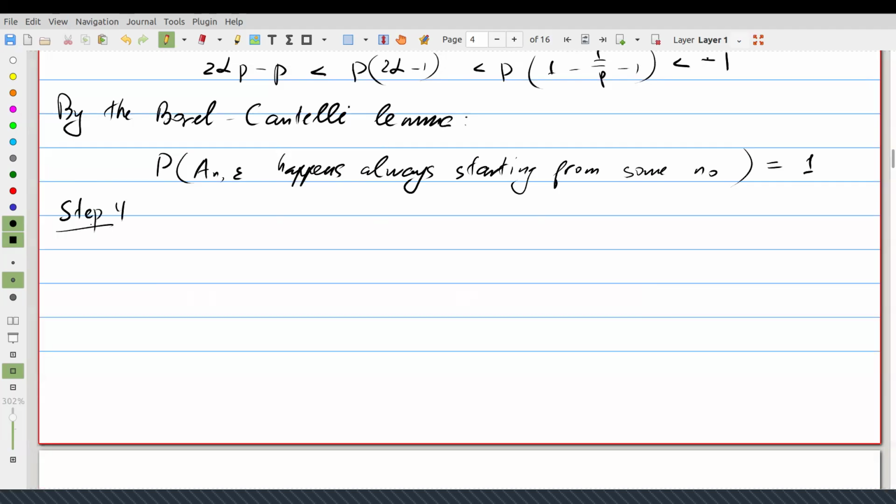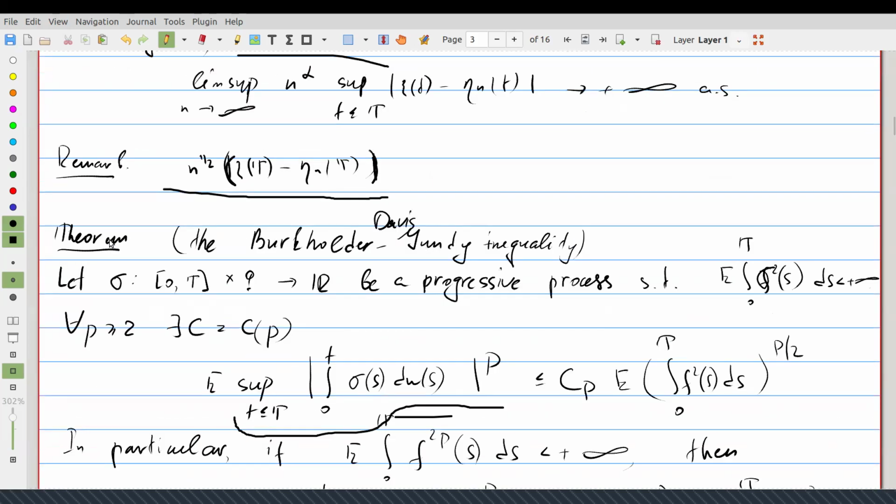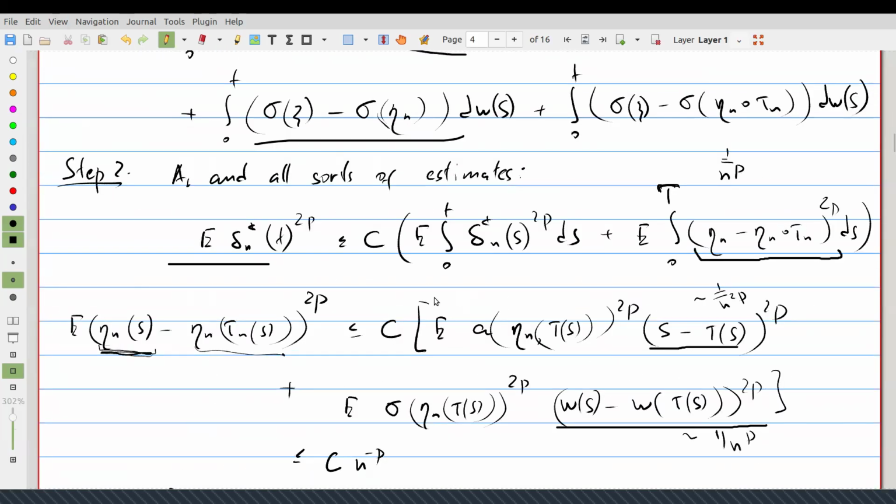Now, the fourth step, let us recall what it was. It was about proving this third assertion. And it says that for alpha greater than 1/2, we don't have convergence. We actually have this situation goes to plus infinity. To do this, we will consider a specific counterexample.